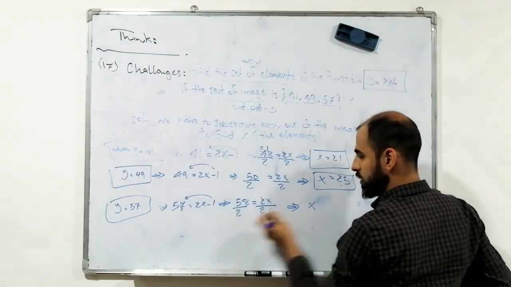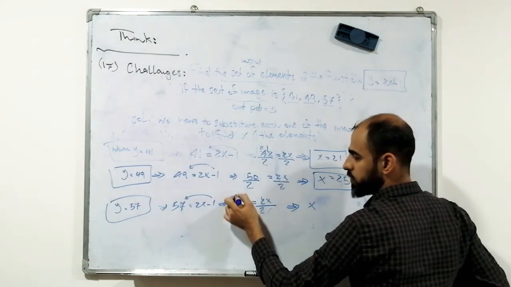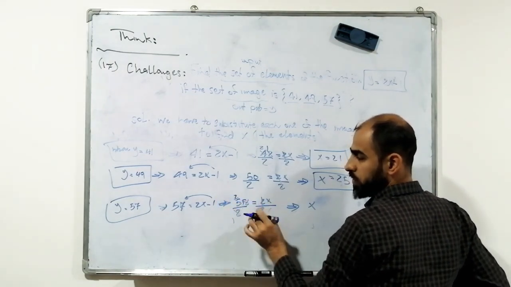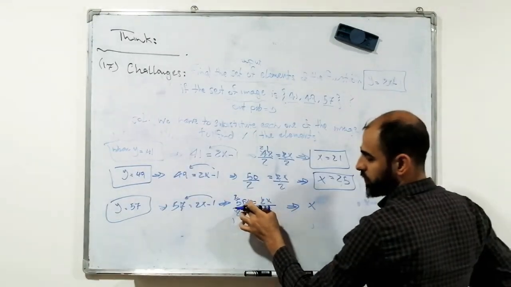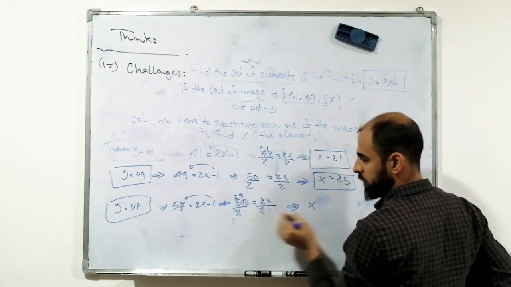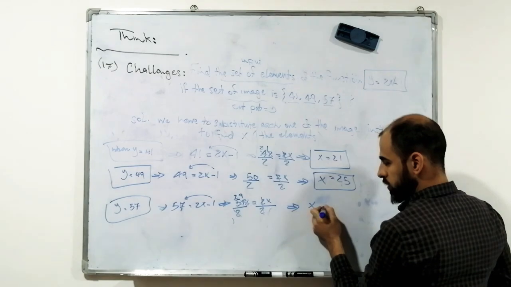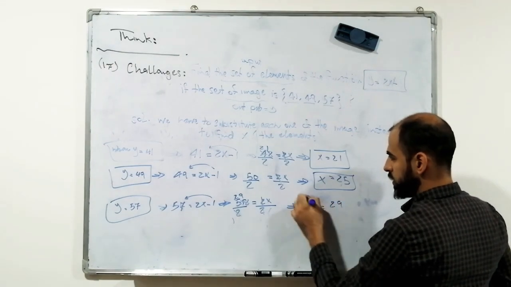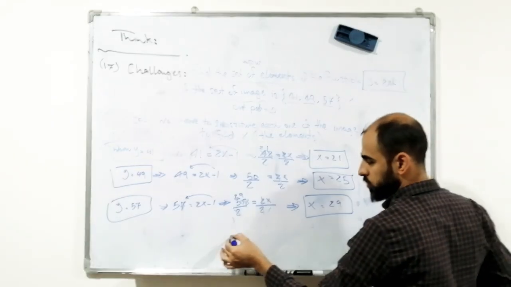Then x: when we divide 5 over 2 we get 2, with a remainder of 1. We put it beside the 8, making 18 over 2, which is 9. So x equals 29.